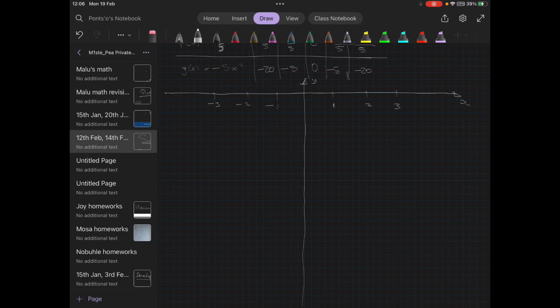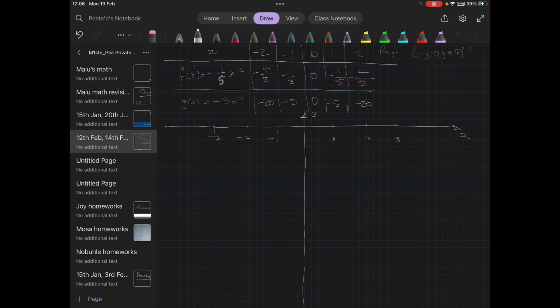All right. For j of x, our smallest value is negative a fifth. 1, 2, 3, 4, 5. That's 1.